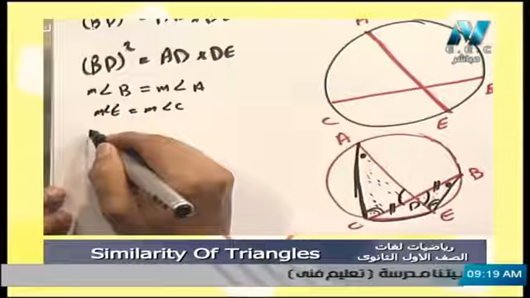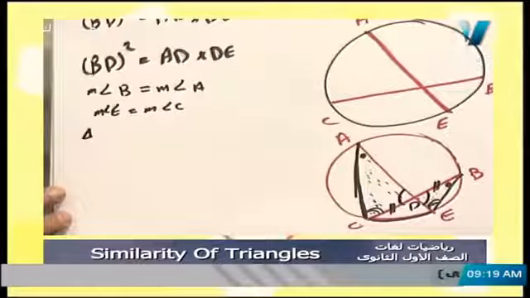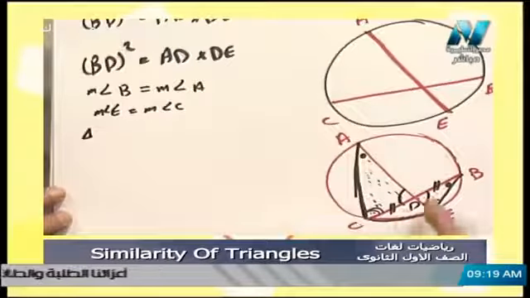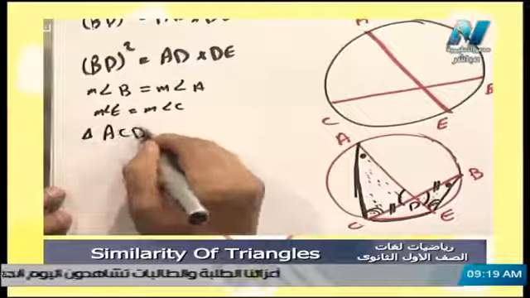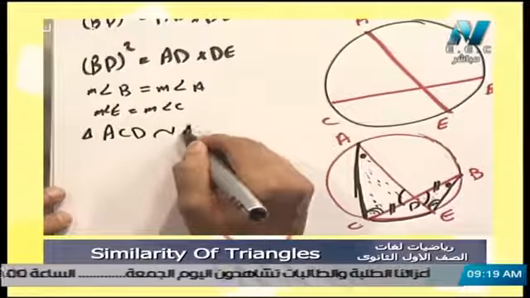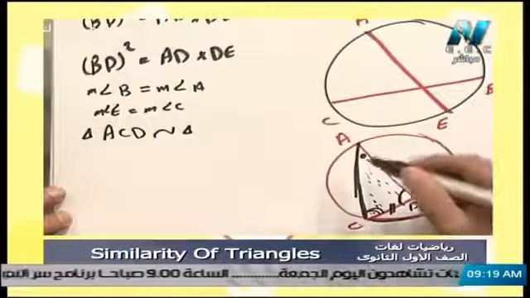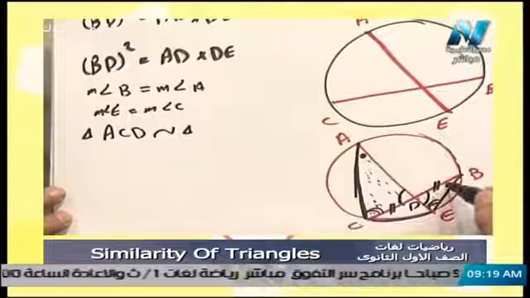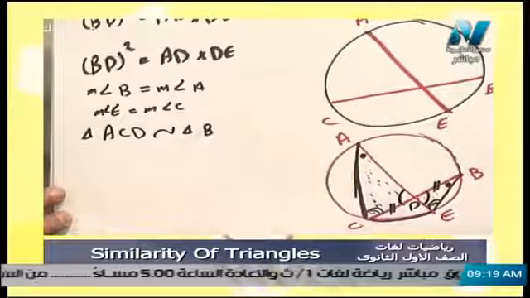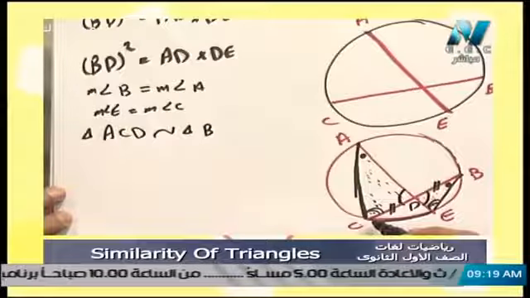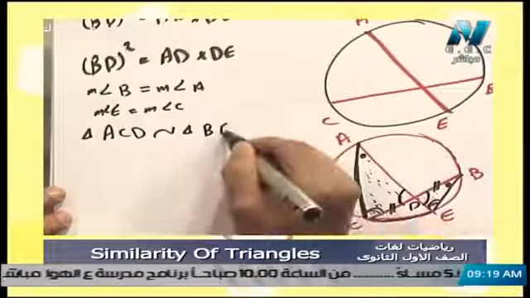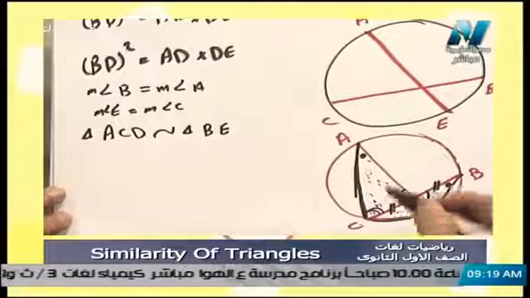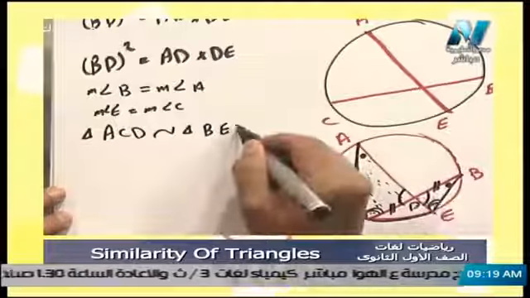So we can say that the triangle ACD is similar to triangle BED, we say B first here because they are corresponding. The angle C corresponds to E, the angle D corresponds to itself.